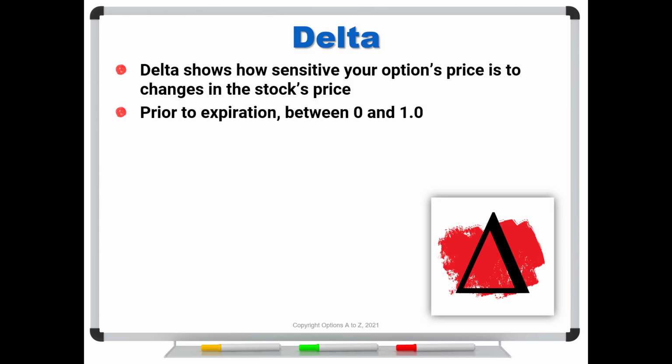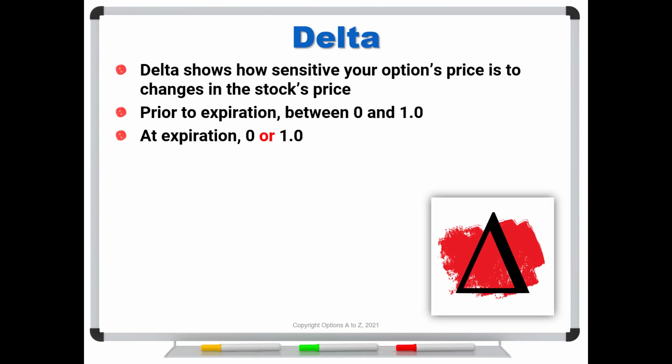But at expiration, that changes. That's no longer true. When we get to expiration, you are either 0 or you are 1. Now, because these contracts control 100 shares, sometimes you'll hear traders say between 0 and 100. But the big distinction here is that when that expiration bell rings, you're one of two values, 0 or 1.